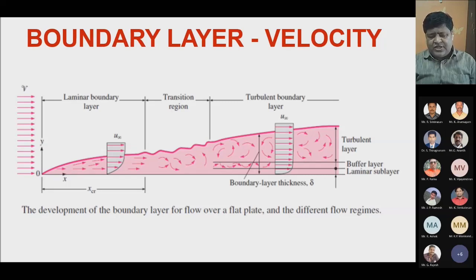The lesser the boundary layer thickness, the lesser the drag induced on the body, so the lesser the power consumed against the drag forces. It means you will have a more efficient system to drive your vehicle forward. That is one of the important applications of the boundary layer, in the design of cars and other moving bodies.